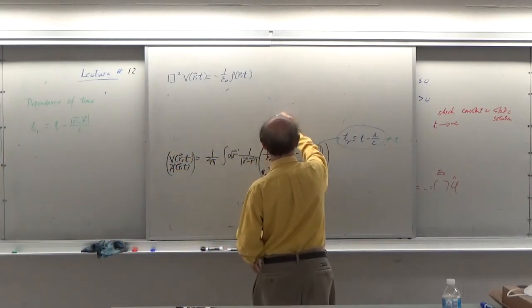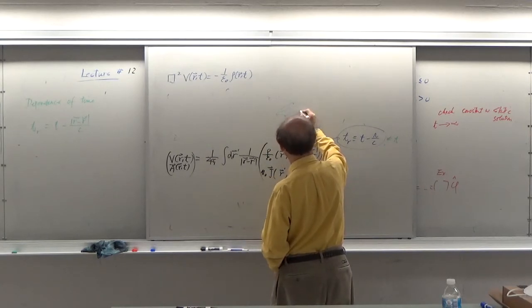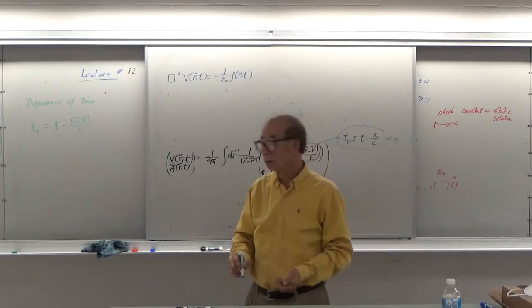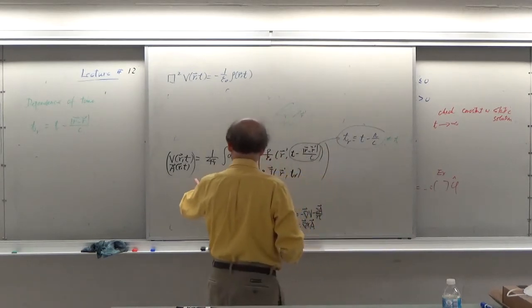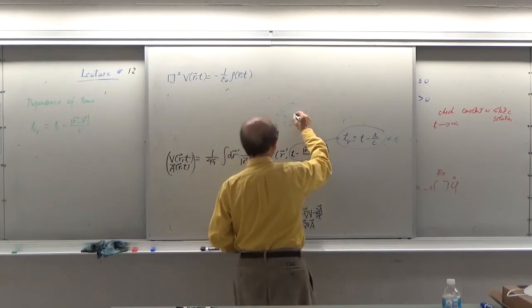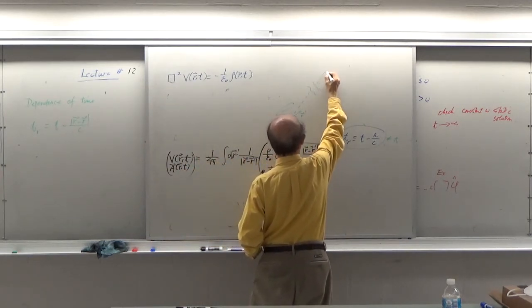So let's say that the source is confined within a certain region, with coordinates given by r prime. But let's ask for the field and the potentials at a point far, far away from the source.